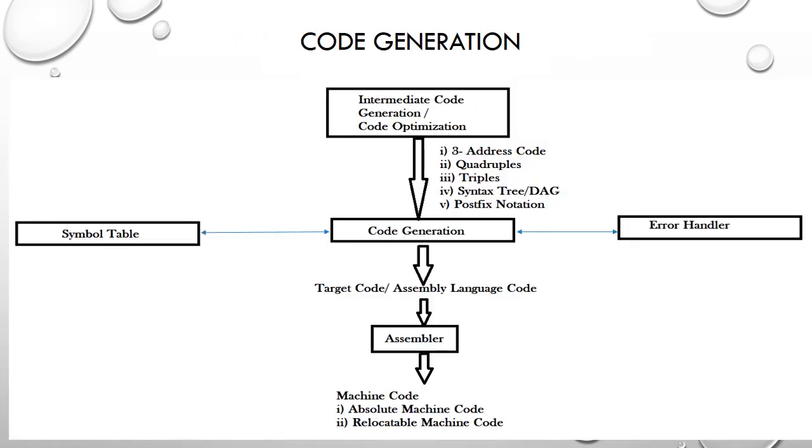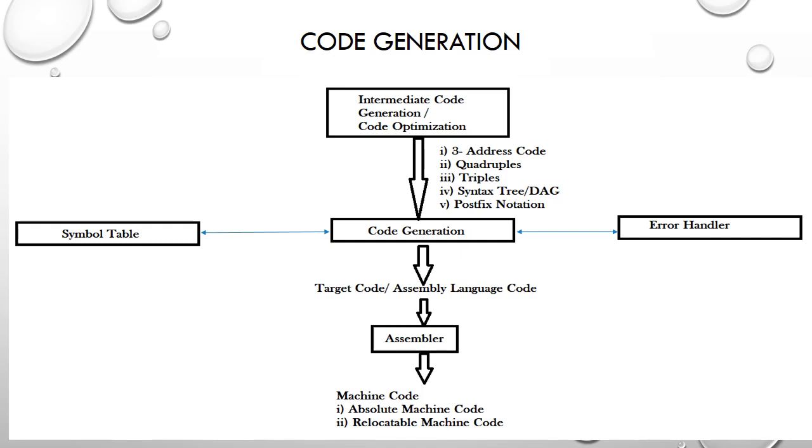Now this is a block diagram of the code generation phase. You can see that at the top we have the intermediate code generation or the code optimization phase. The output of the intermediate code generation phase is the three address code, or quadruples, or triples, or the postfix notation, or a syntax tree, or a directed acyclic graph. So the intermediate code generation should be generating any of these five.